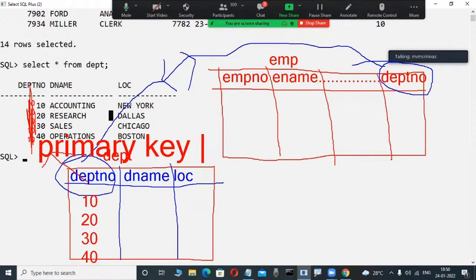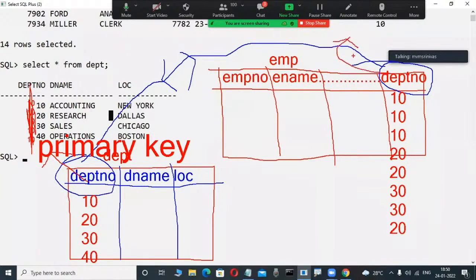Observe here. Unfortunately, the EMP table department number is not like that. Duplicate data is there. 10 is there, again 10, again 10, again 20, again 20, again 30, again 30, again 20, like this. That's why whenever duplicate data is there in a common column, this column is called a foreign key.